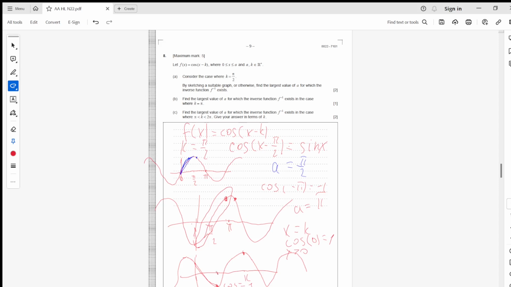And it happens when x is equal to k minus pi. So this is our answer for this question.